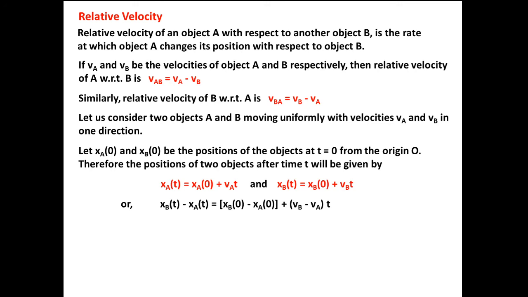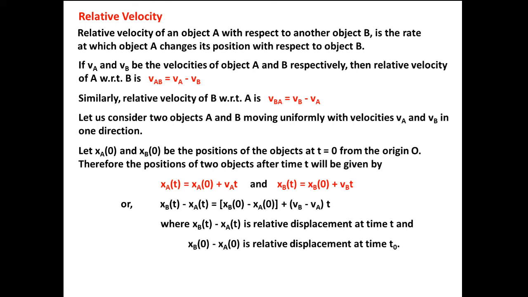It means the distance between A and B after time t. Now see here, the left hand side is the relative displacement between A and B at time t, and x of B at t equal to 0 minus x of A at t equal to 0 is the relative displacement at time t equal to 0.